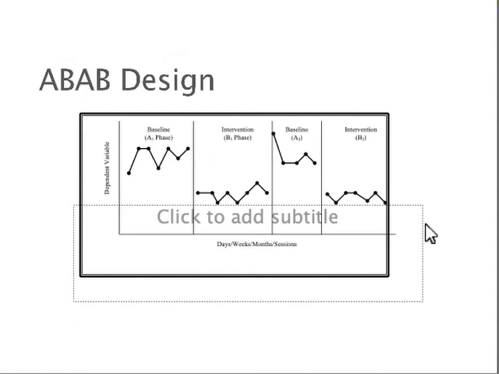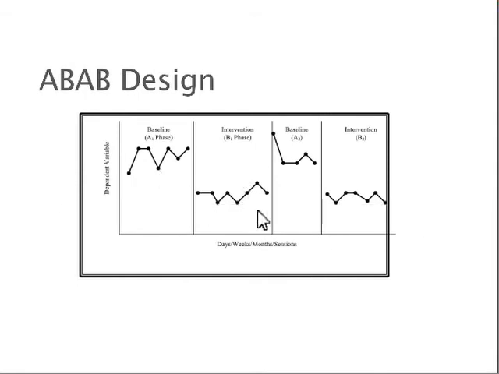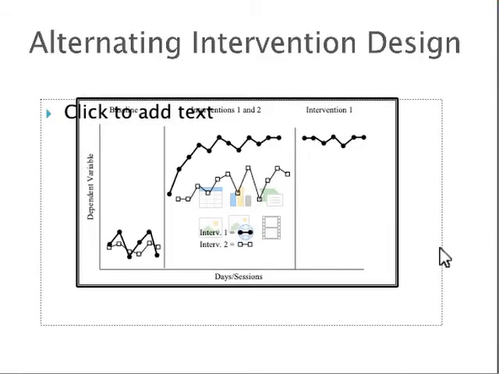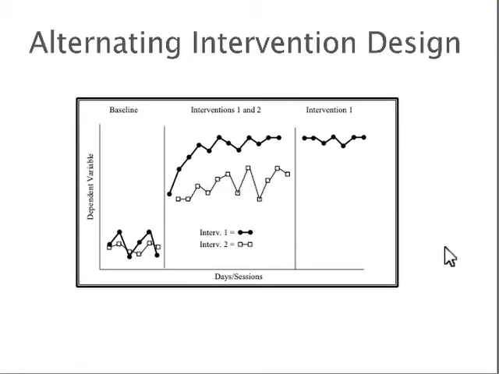So again, here's the AB design. So we have A phase, B phase, A phase, B phase. Then we have the alternating treatment or alternating intervention design, where we would have baseline, then we do the interventions and we see which intervention ends up being better.